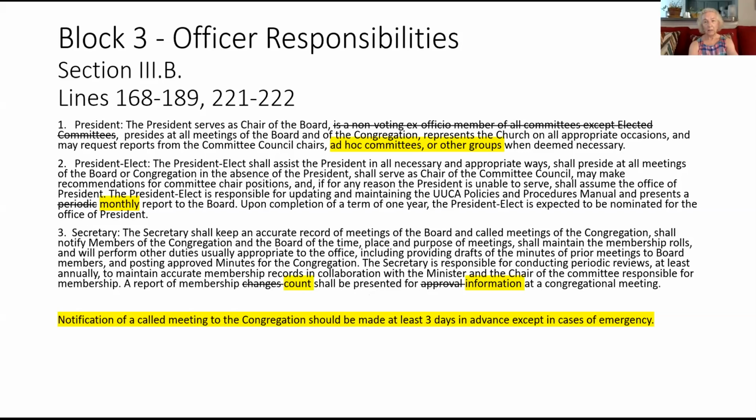The secretary is responsible. The other concern I have while I've got the floor is number one, where you talk about committee council chairs. I don't know who you mean by that. There's only one committee council chair. There are committee chairs, but there's not committee council chairs, I don't think. So that's not clear up there. And then I am concerned when you have a notification of a called meeting of the congregation and you give 3 days notice.